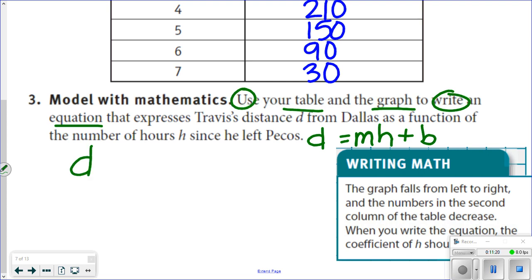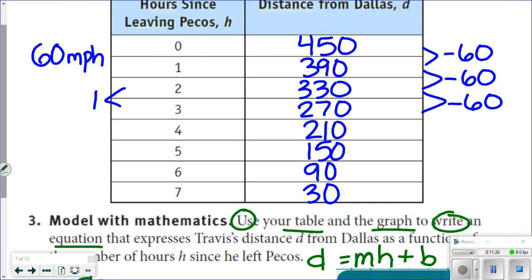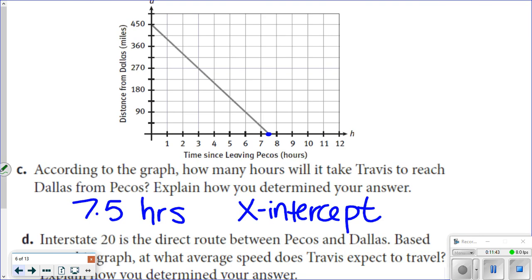d equals, now, how fast are we traveling? What's our rate of change here? We're driving 60 miles per hour, and that's a positive speed. But if I look at my table, my numbers are decreasing. They're going down by 60. If I look at my graph, we have a negative slope.